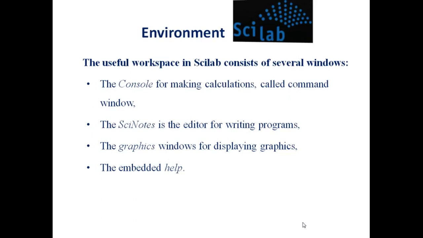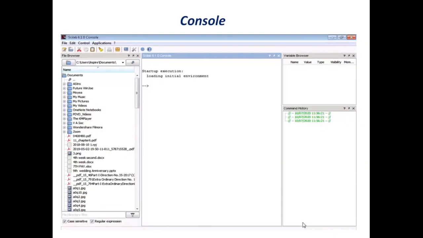First, we will see the console or command window. By default, the console consists of four sections: Scilab console, file browser, variable browser, and command history.